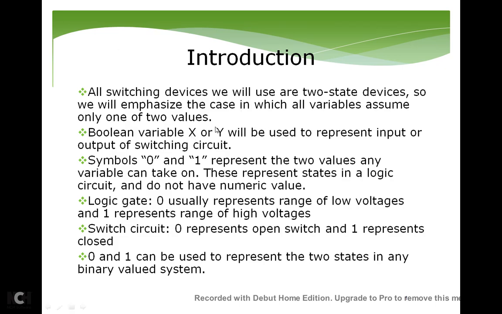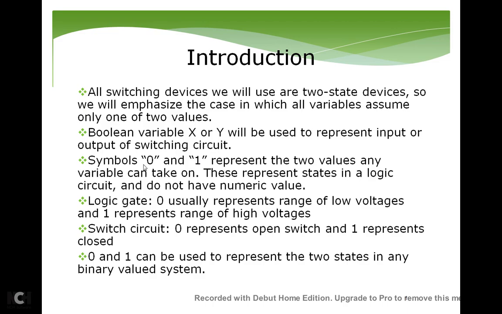He introduced variable names such as x and y, and operators such as plus and dot, and he had constants, Boolean constants 0 and 1. All right, then around the 1930s, Claude Shannon, a graduate of the University of Michigan and MIT, applied Boole's algebra to switching circuits.